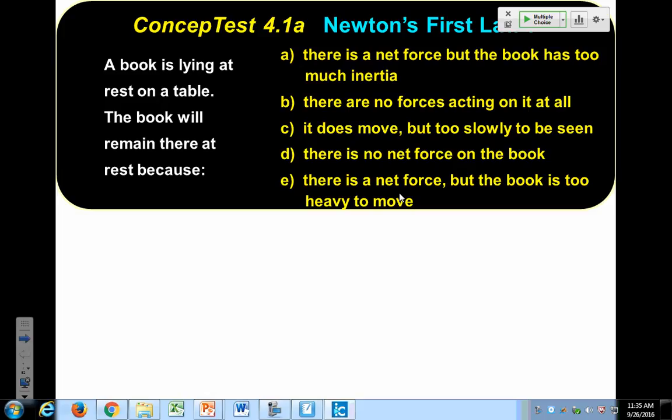The first law is the law of inertia. It says that an object will remain in its current state of motion unless a force acts upon it. And so this object, which is at rest, will stay at rest unless a force acts upon it. Or you can think of it in terms of Newton's second law, the law of acceleration, that F equals ma, that this thing's not going to accelerate unless a force acts upon it.